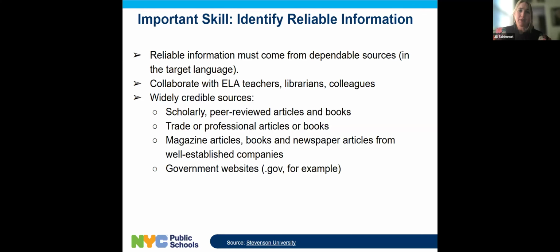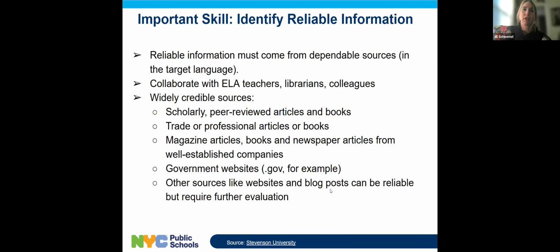I'm doing a lot of work with language teachers around the United Nations Sustainable Development Goals. You'll see some examples throughout. Those are credited websites like Credible and Credited and government websites with the .gov. Great. So again, websites, magazines, blog posts, you would want to have a critical lens on.